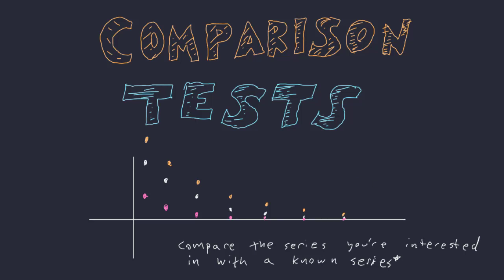Now if we take a step back and look at the picture I started with, this gives the basic idea. So in the first case, suppose this is our A in pink, and the white is our B, and we know that B converges, so that means B is getting close enough to 0 fast enough. So if B converges, that means its terms go to 0 really fast.